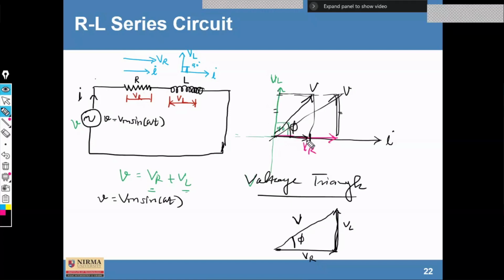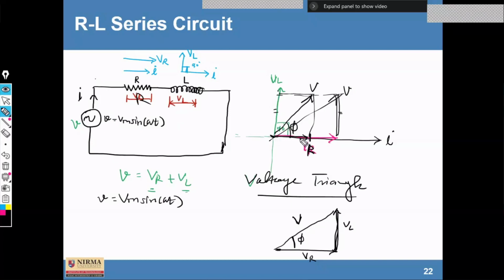Suppose the value of VR is 0. When is it going to be 0? When the value of resistance is 0. In this case, I into R is 0. So VR is 0. It means it is a purely inductive circuit.